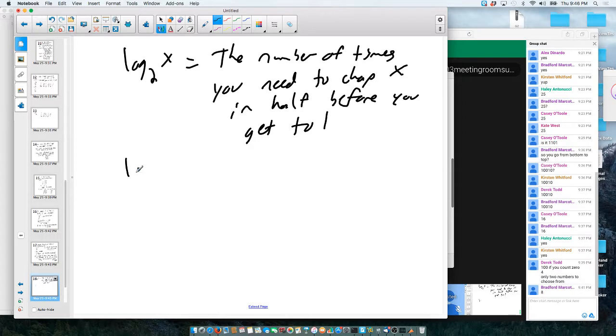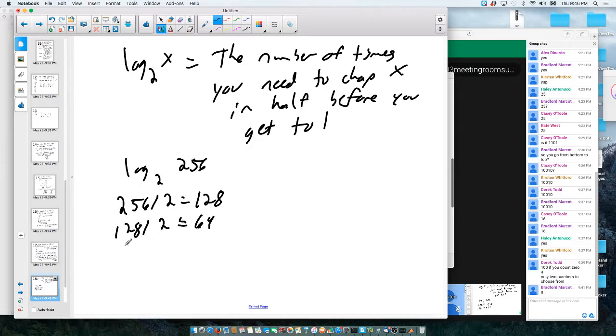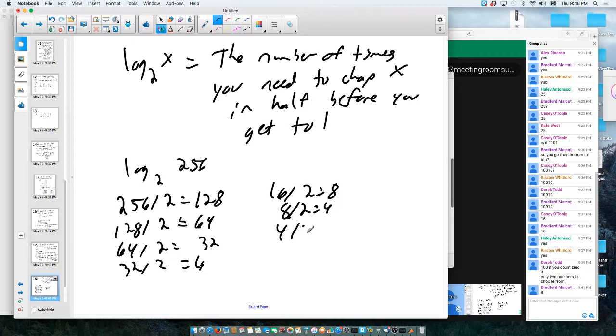Okay, log base 2 of 256 is going to be 8 because 256 divided by 2 is 128. 128 divided by 2 is 64. 64 divided by 2, see, I keep chopping it in half. 32 divided by 2 is 16. 16 divided by 2 is 8. 8 divided by 2 is 4. 4 divided by 2 is 2. 2 divided by 2 is 1. 8 divisions.